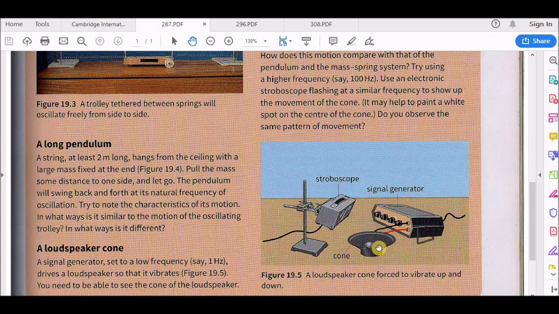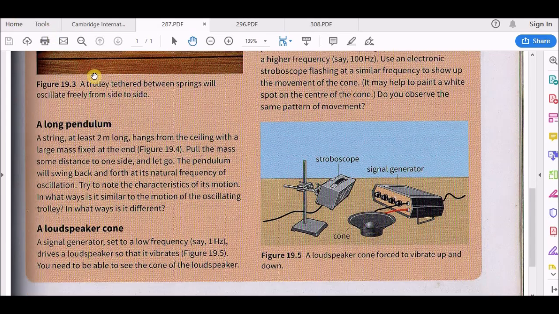The cone is vibrating up and down, but the flash of light is at the frequency of vibration of the cone. Why is that? Let's say the cone goes down, goes up, and that is one cycle.